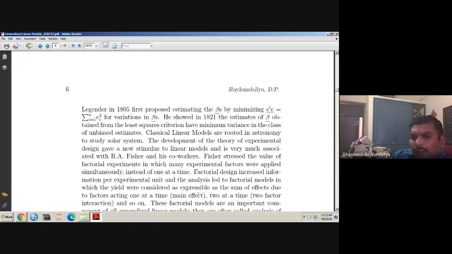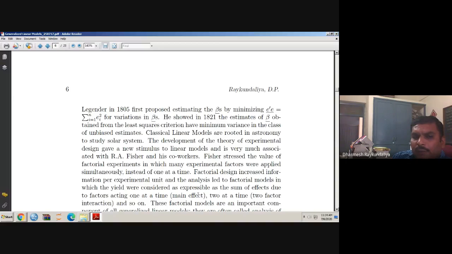The development of the theory of experimental design gave a new stimulus to linear models and is very much associated with R. A. Fisher and his co-workers. We know that the concept of design of experiments was given by Professor R. A. Fisher, and that is how Professor Fisher is known as the father of design of experiments. He started this whole experiment in agricultural science.